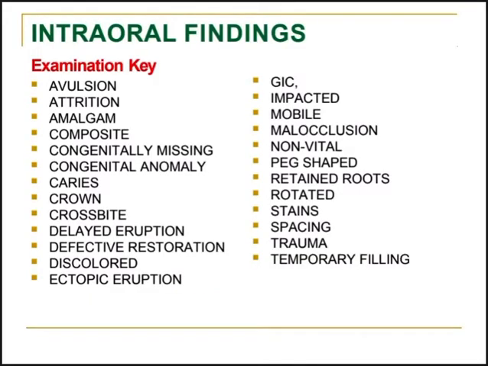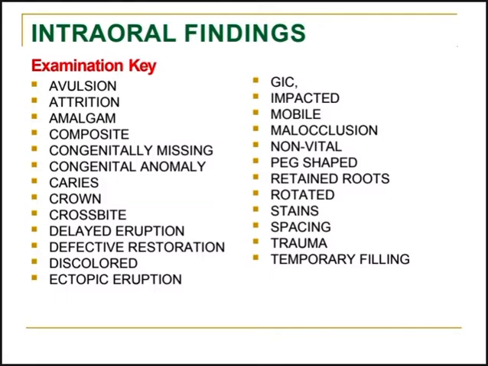In the intraoral examination, you will write everything that is there. For example, if you see an avulsed tooth, any composite restoration, temporary restoration, crossbite, any developmental defects, microdontia, supernumerary teeth, anything, you will make a note of it.